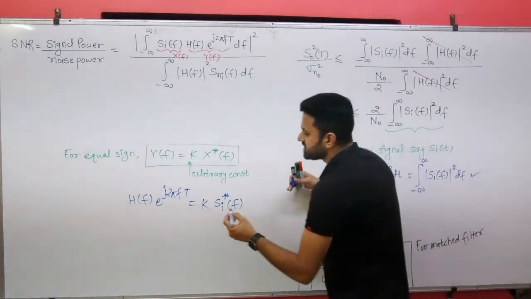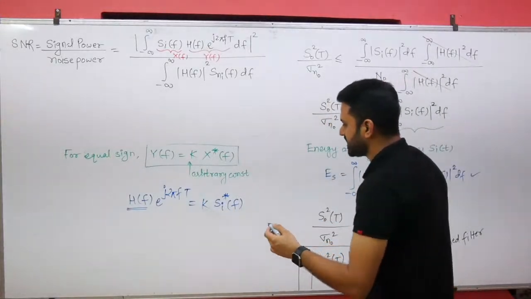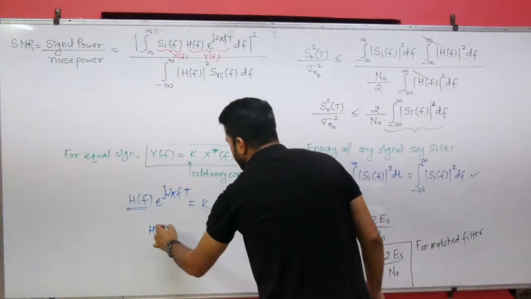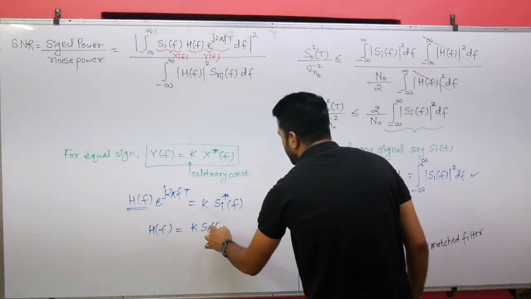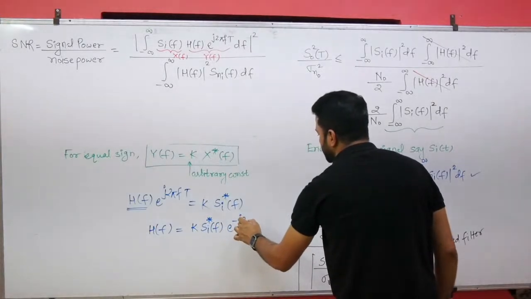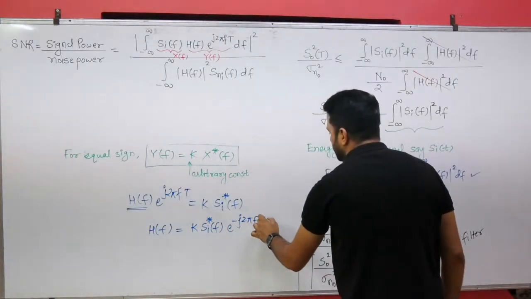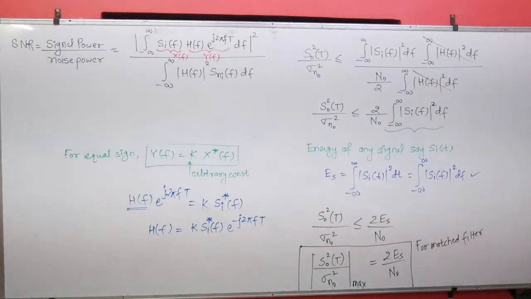Now this will give you the transfer function of the match filter. So the transfer function of the match filter is H of f equal to k times Si of f complex conjugate and e to the power minus j 2 pi f capital T. So this is the transfer function of the match filter.